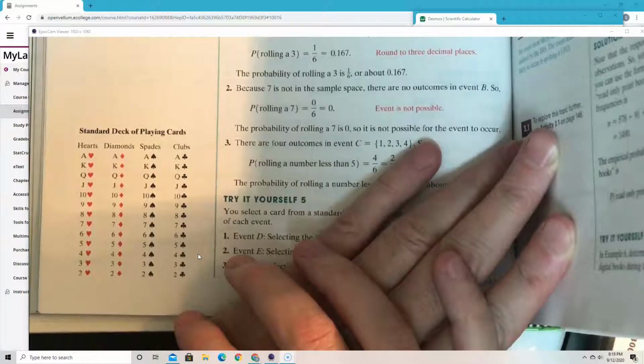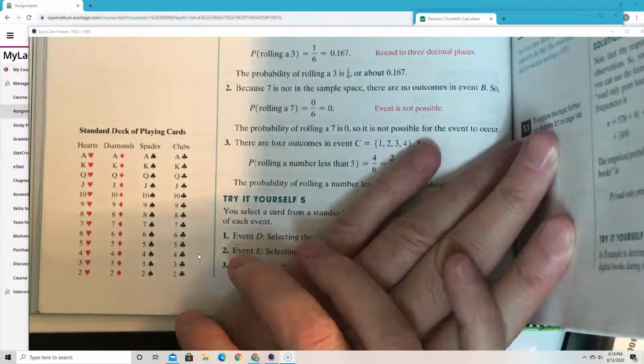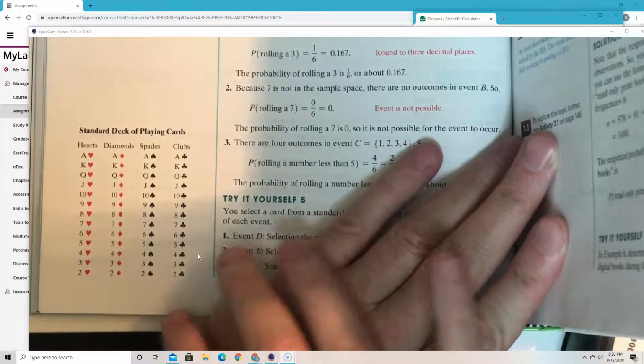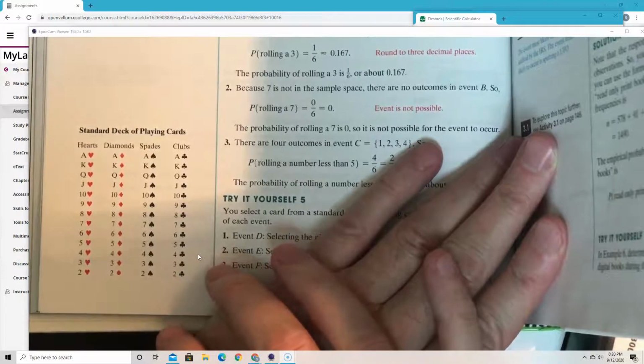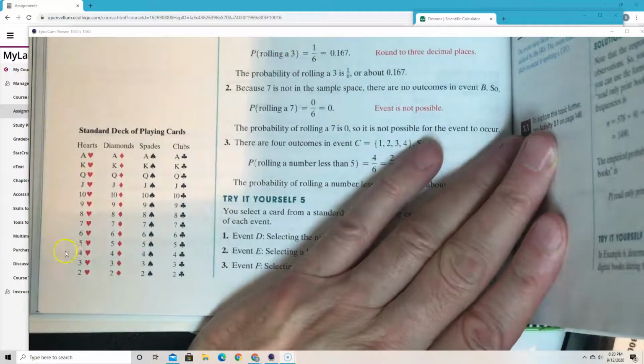Now, if they said, throw the card back in the deck now, and mix all the cards up again, well, since we put that first card back in, now there's 52 cards again. And then they might say, okay, now pick a second card. What's the probability that that card will have a 5 on it?